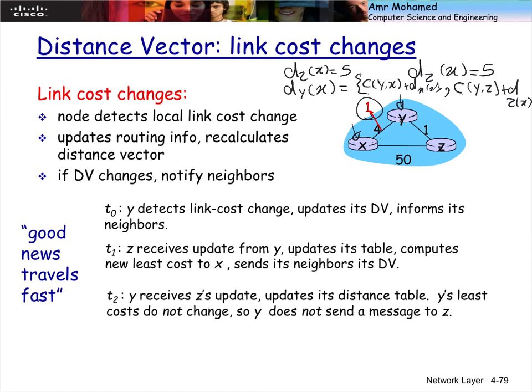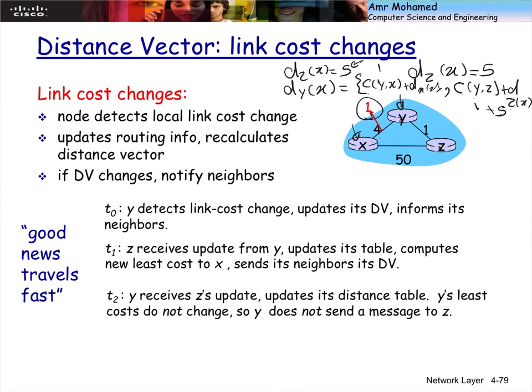So the distance between Y and X is 1, right? And the distance between Y and Z is 1 plus the distance between Z and X, which is 5. This one is 5. So the distance between Y and X will be 1.